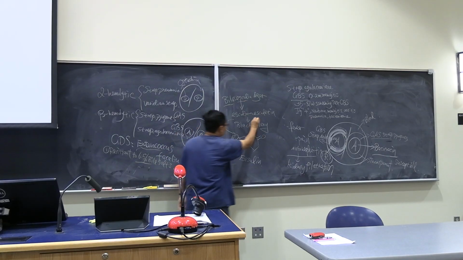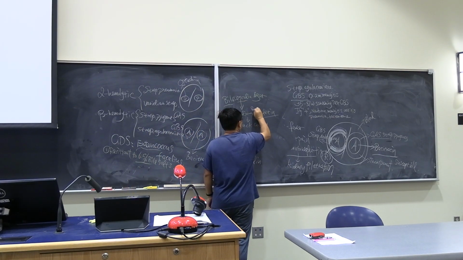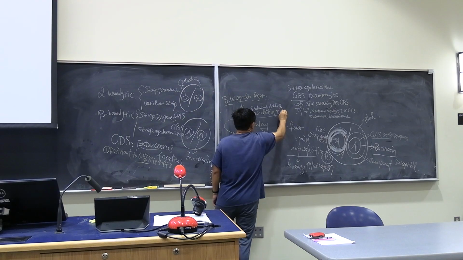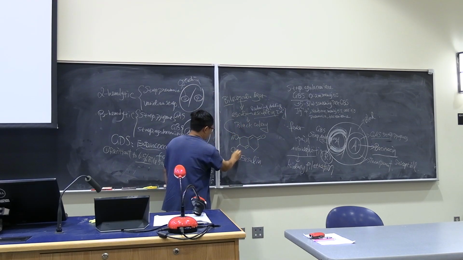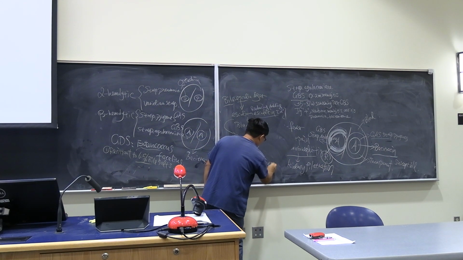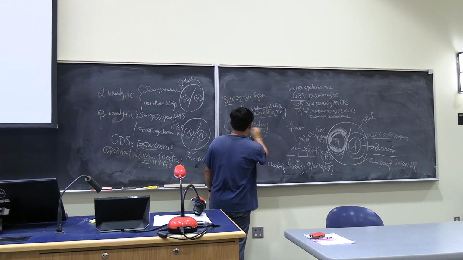Now, why do we call it reduced to esculetin? What does reducing mean? Reducing, basically, we are adding protons there. Once we add this, esculin becomes esculetin, then it shows the black colony.